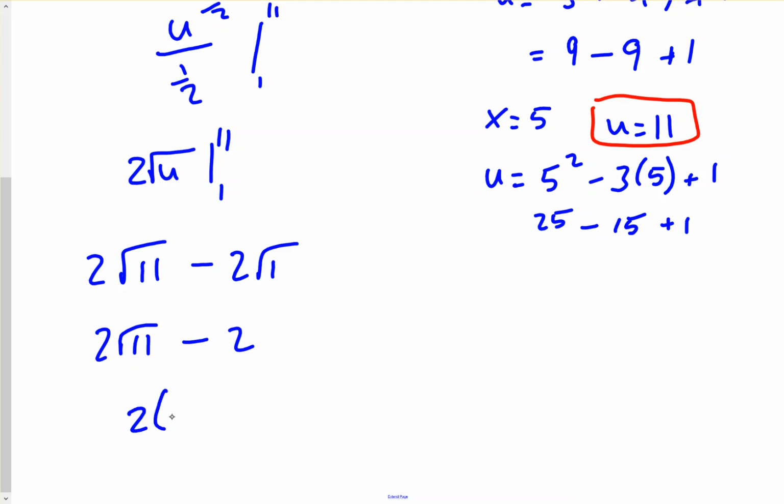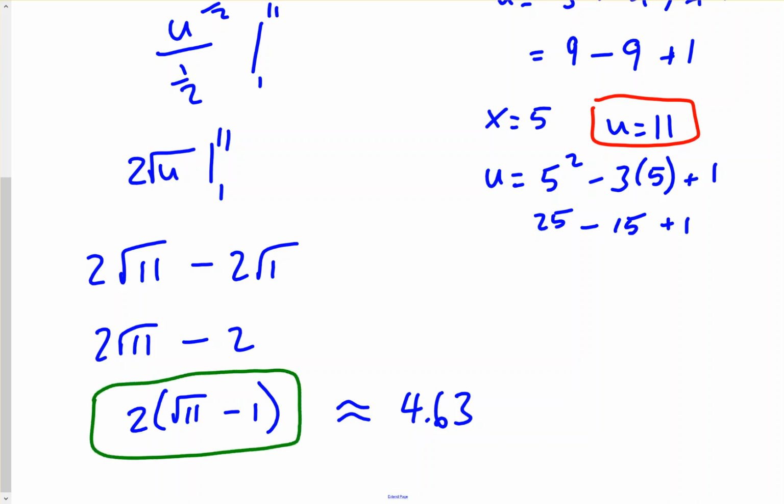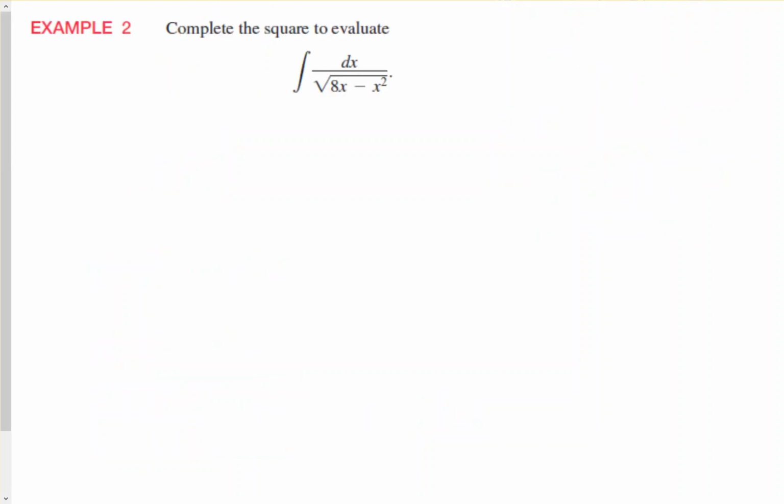If you want to pull out the 2 and say this is square root of 11 minus 1, you can. If you want to evaluate it, use a calculator on the side, you could get approximately 4.63. Okay, so either one of these is fine.